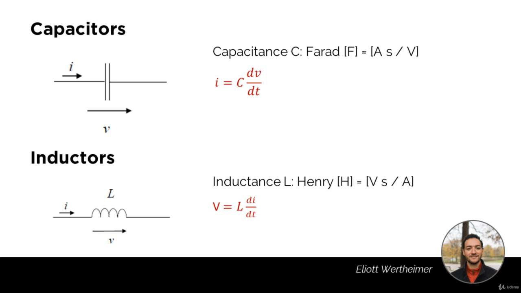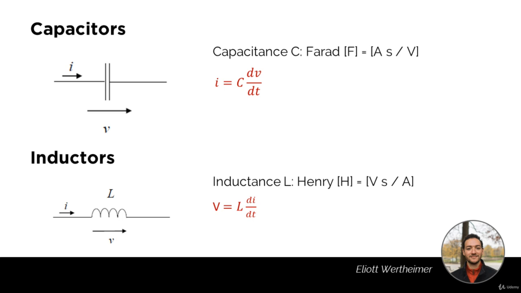Inductors are essentially a coil of conducting material, usually copper. They are represented, as you can see here, where I is the current, V the voltage, and L the inductor's inductance. The inductance is the main parameter of the inductor.